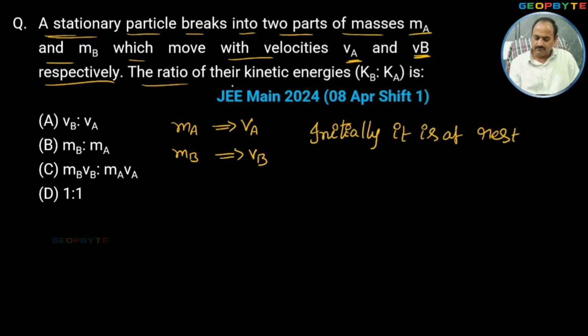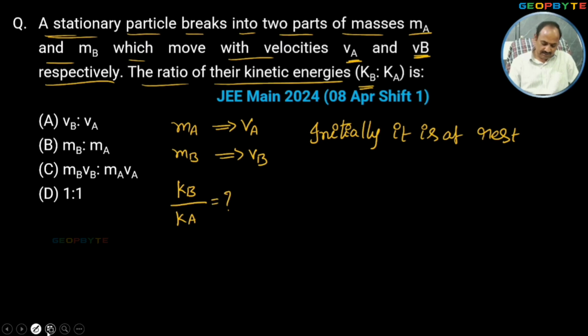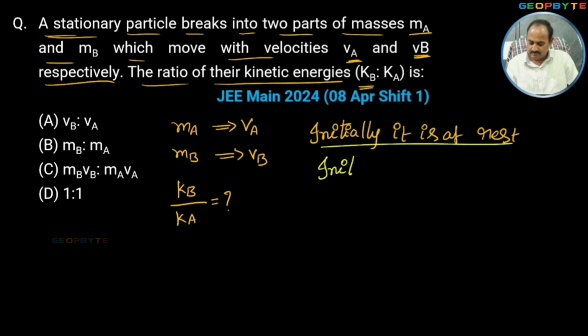Then the ratio of their kinetic energies, that is kinetic energy of B by kinetic energy of A, is how much? Here, since initially it is under stationary condition, the initial momentum is equal to 0.